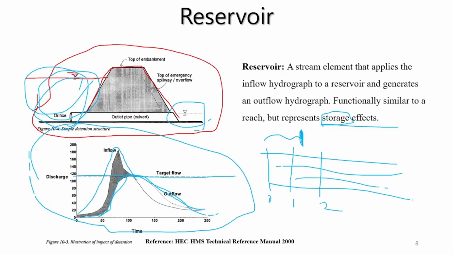From 0 second to 1 second, 2 second, instead of flowing all the way from 0 to 2, in every certain period of time, it gets stored. It gets attenuated, so it gets delayed to reach the next point, instead of flowing continuously like this. That's what we're saying when we're talking about storage effect.